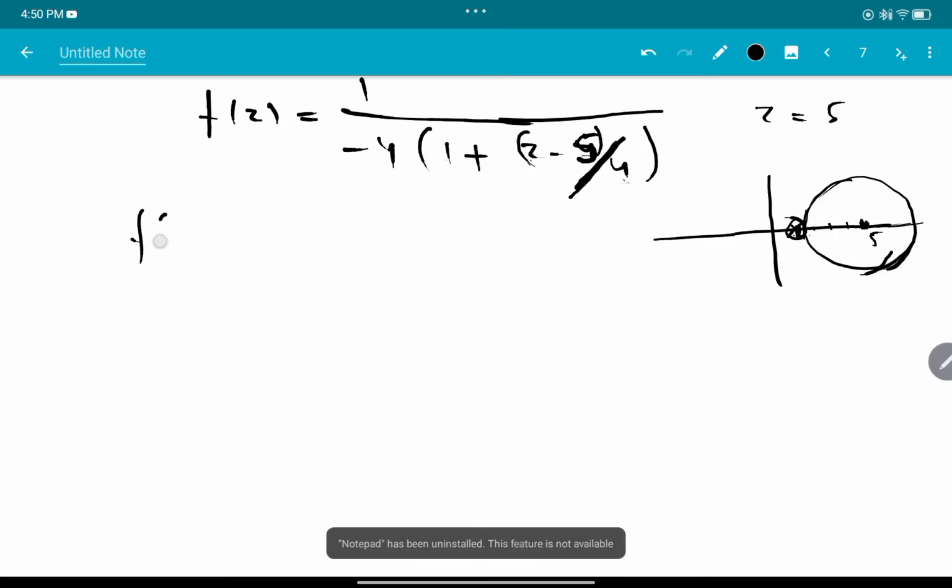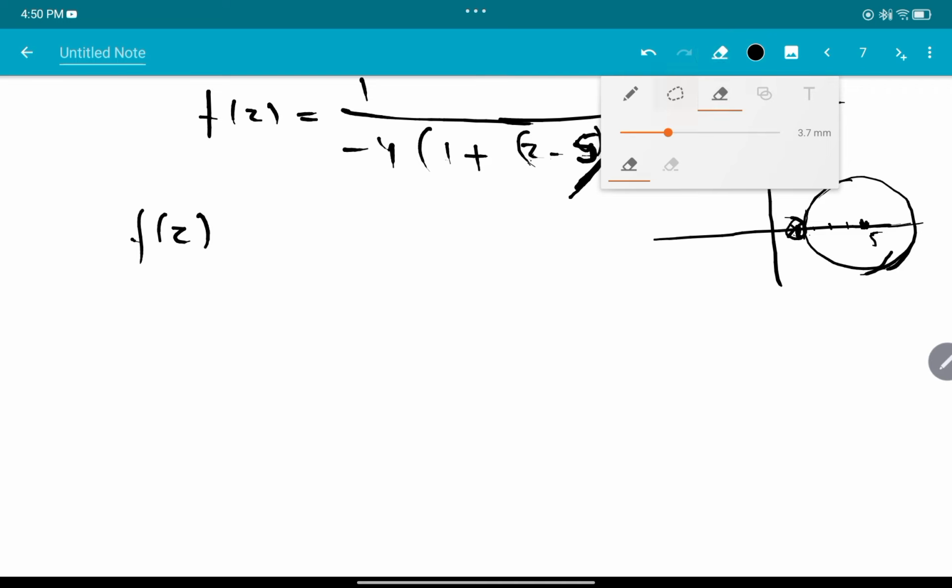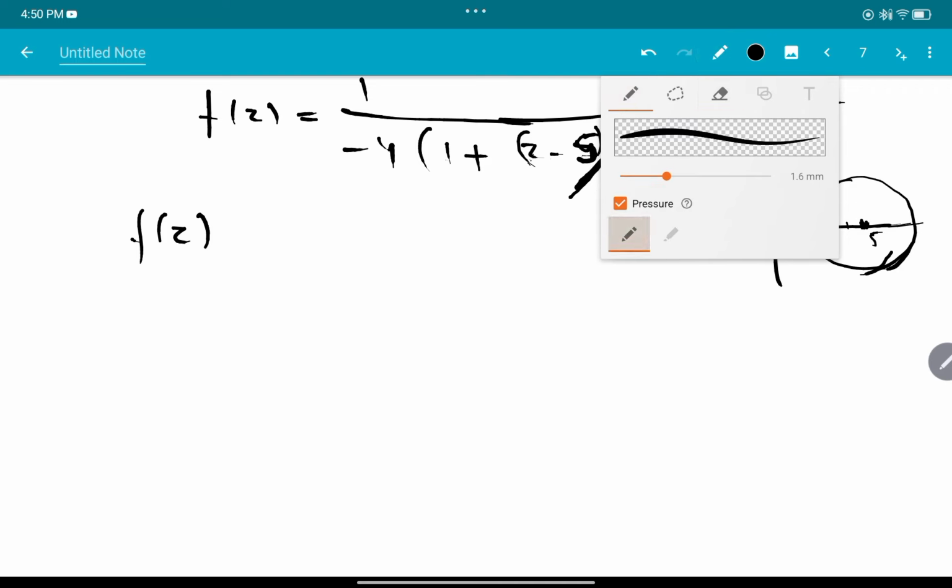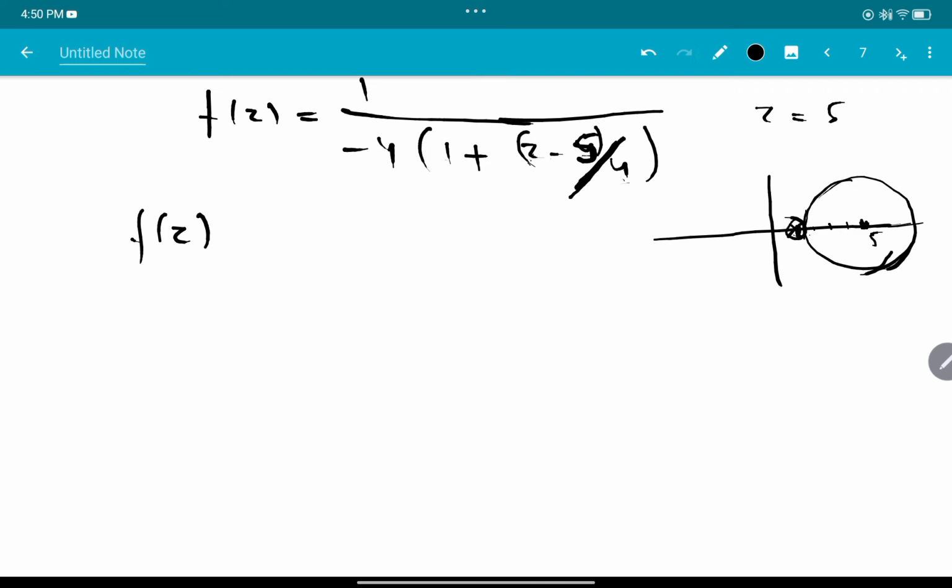I can write f(z) is equal to, 1 by minus 4 can be taken to the numerator, you can write minus 1 by 4 there, divided by 1 plus (z minus 5) divided by 4.